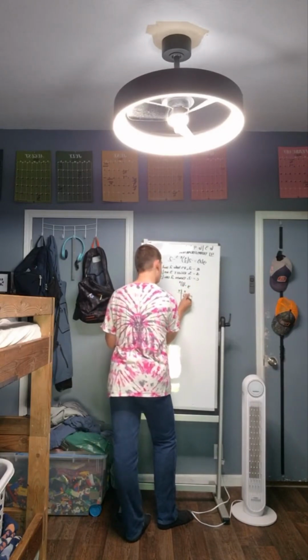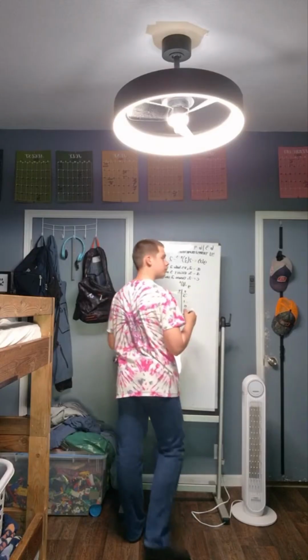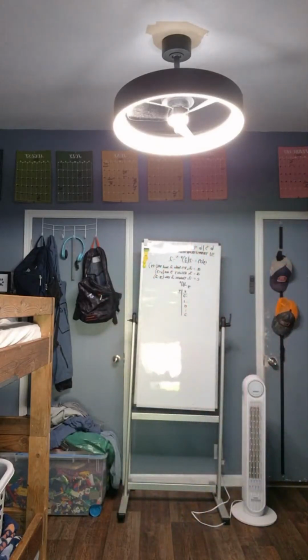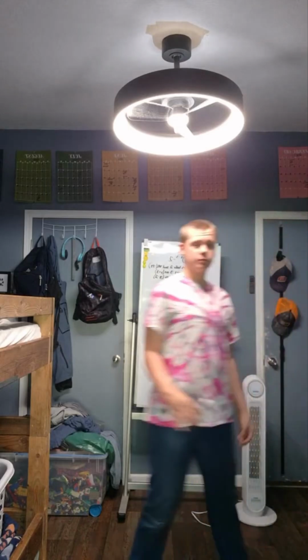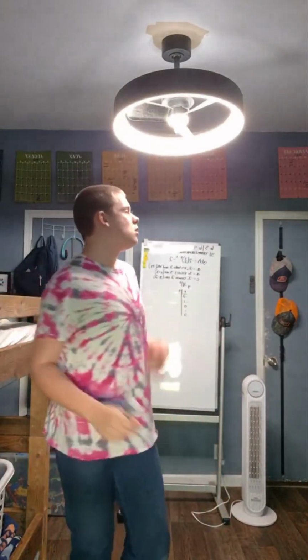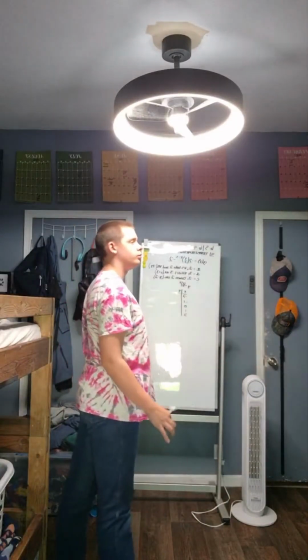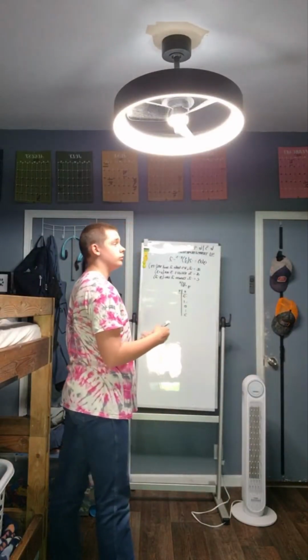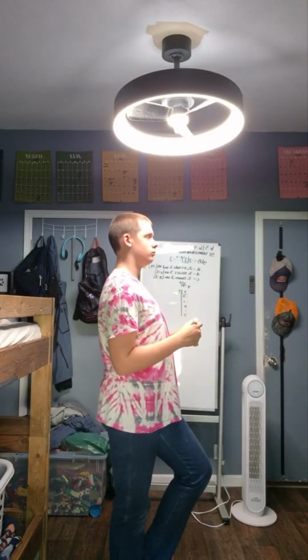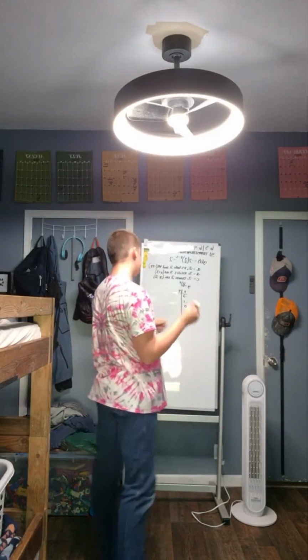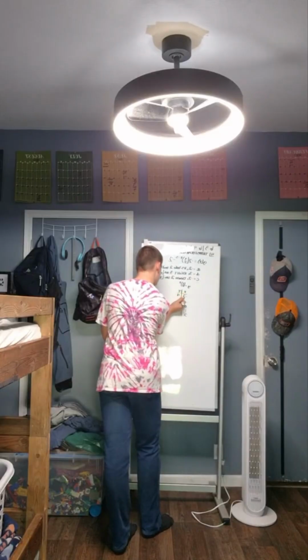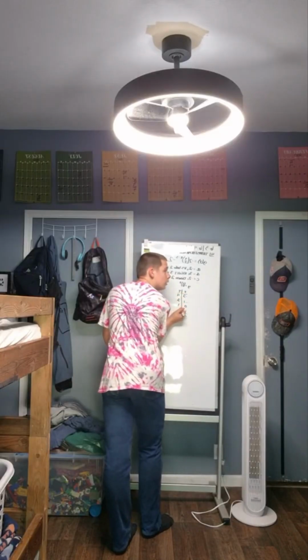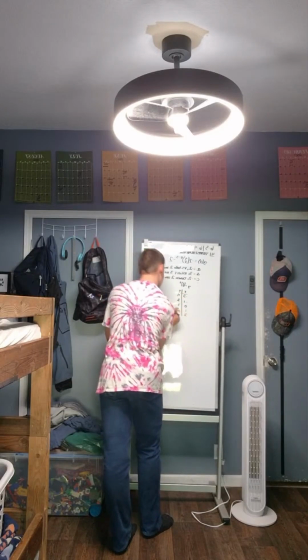I have -2, -1, 0, 1, 2. What do you think y's are going to be? So it'll be 4, 2, 1, a half, 0.25.